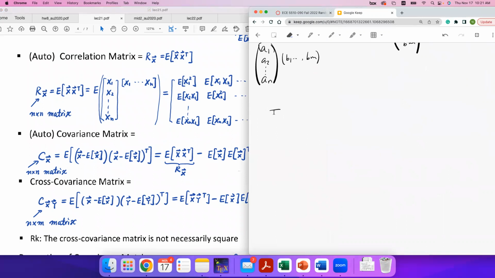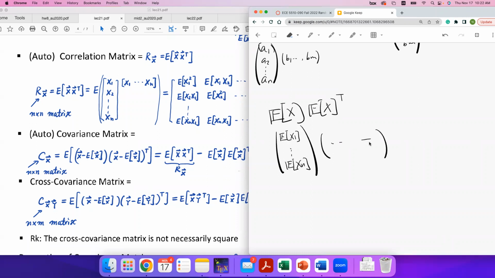Right. So to be more explicit, for the second term, we have EX times EX transpose, where EX is the mean value of all these random vectors, and then EX transpose is the row vector.